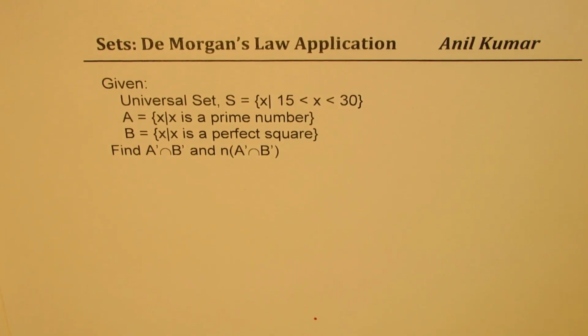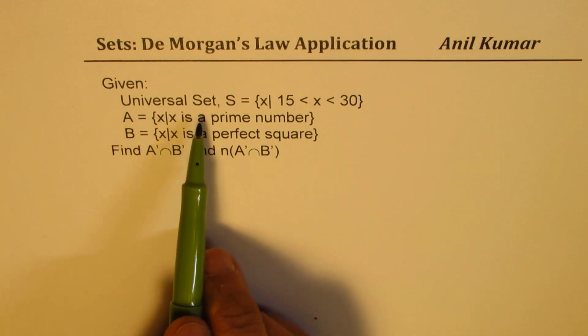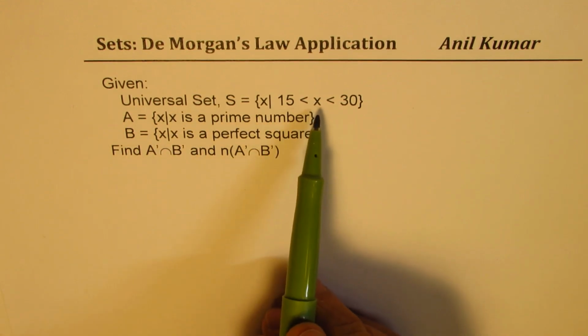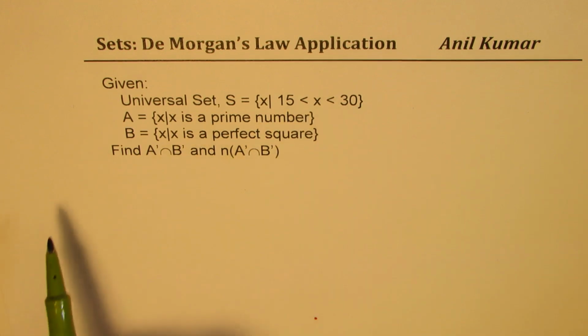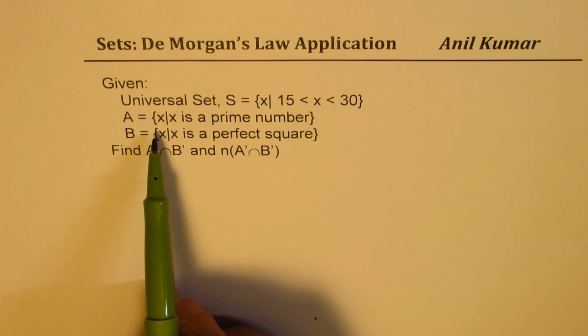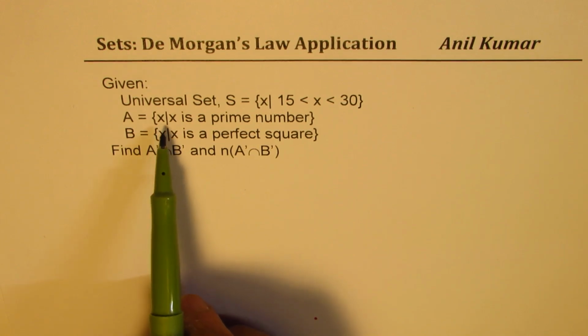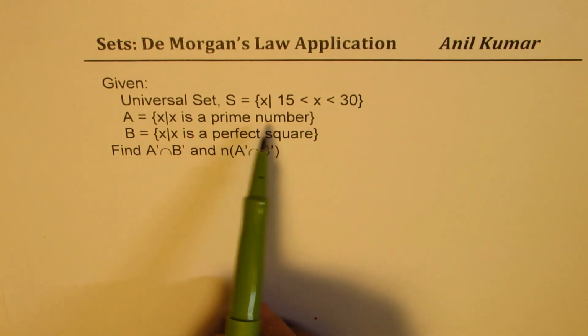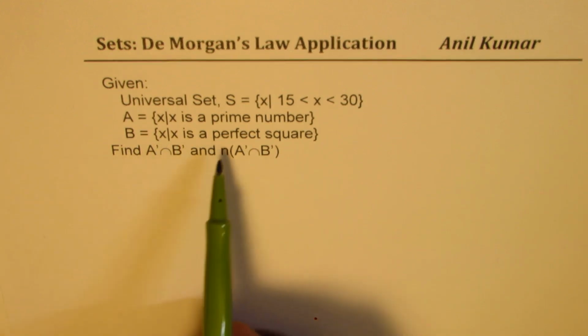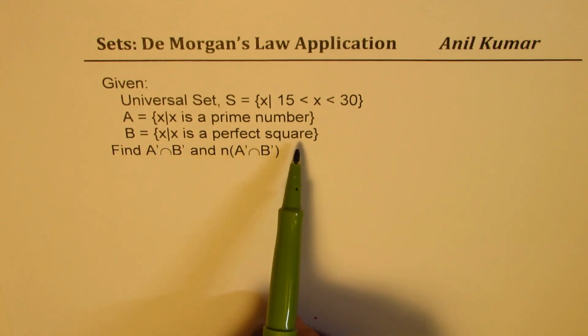Here is a very good application question based on De Morgan's law. You are given a universal set S which is equal to x such that x is between 15 and 30. Set A is defined as all elements x such that x is a prime number, and B is the set of elements which are perfect squares.